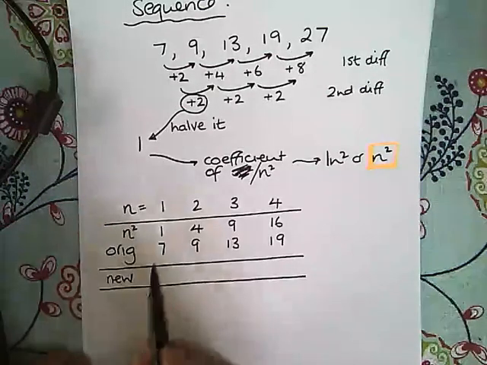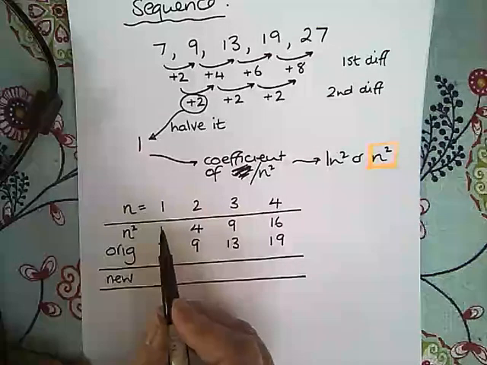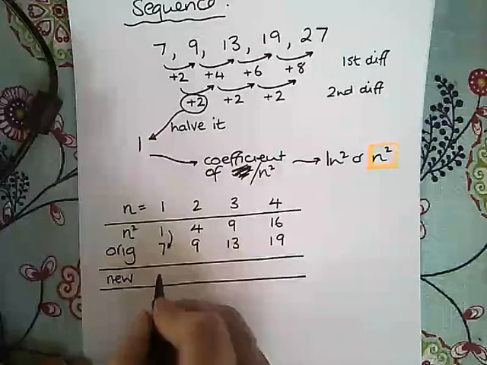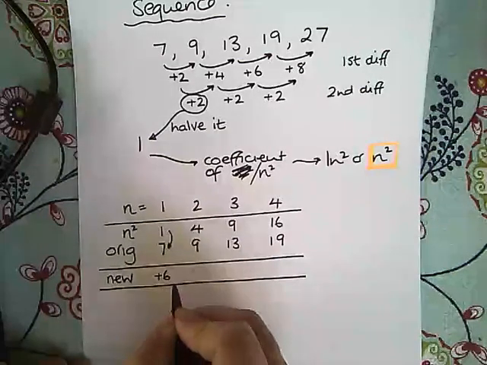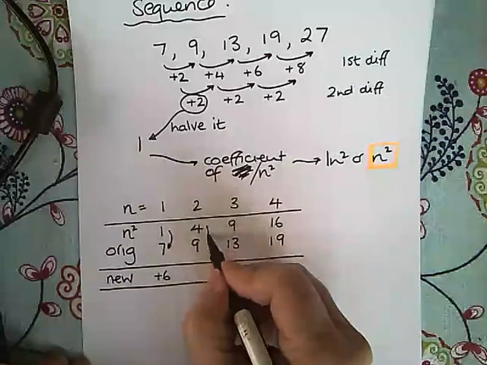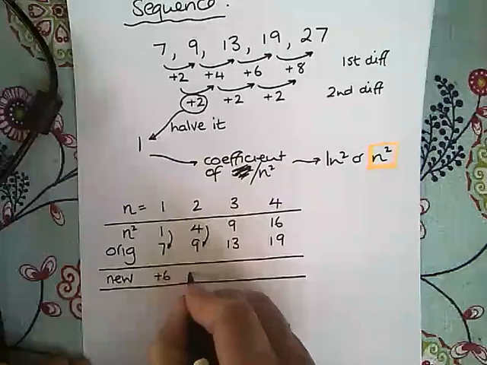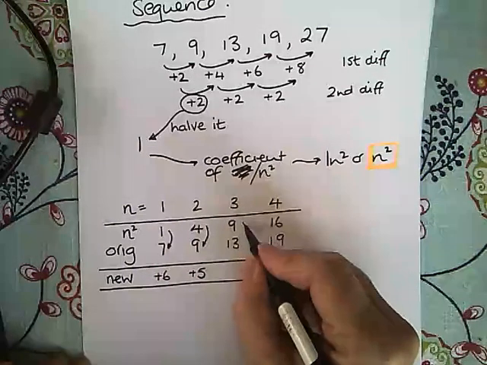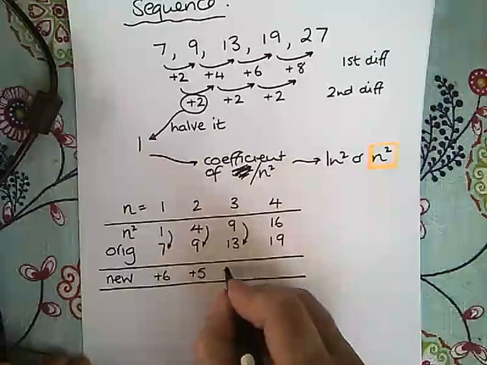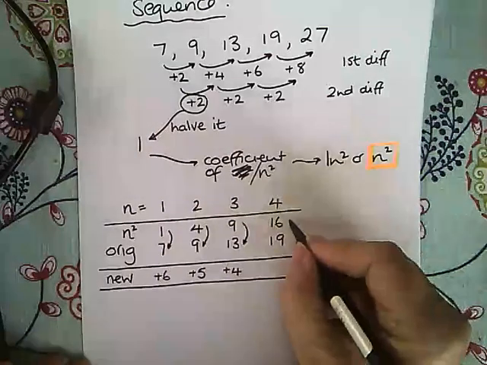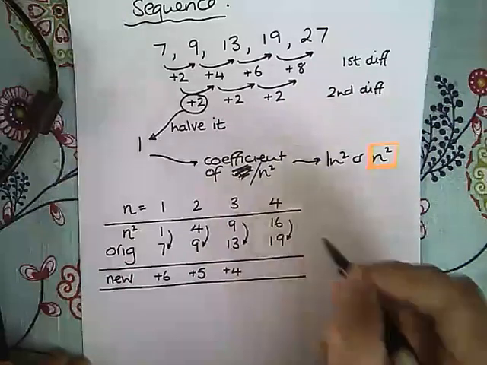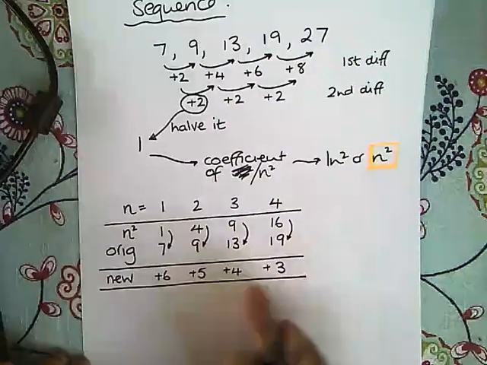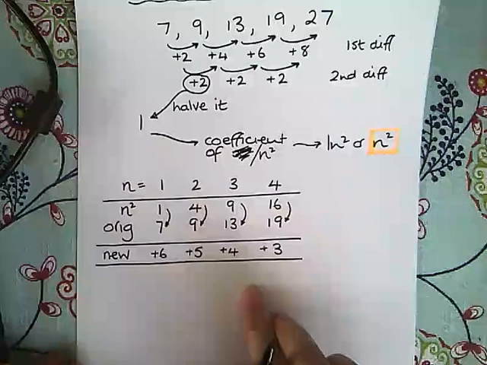Then I look at how I get from 1 to 7, and I just have to add 6. How do I get from 4 to 9? I add 5. How do I get from 9 to 13? I add 4. And how do I get from 16 to 19? I add 3. So this is my new sequence here that I'm going to find a rule for.